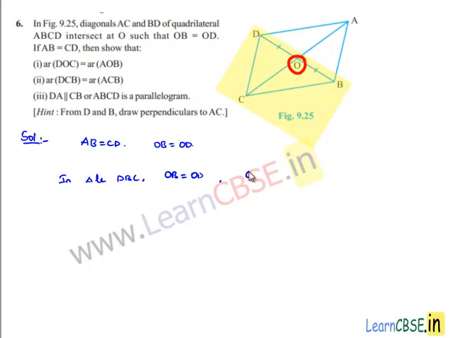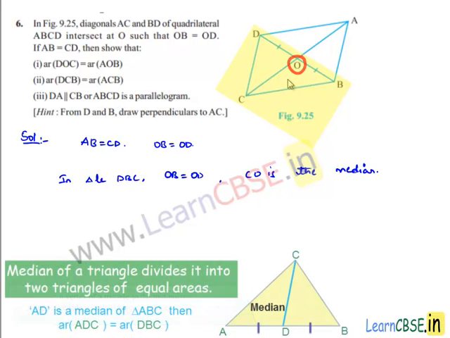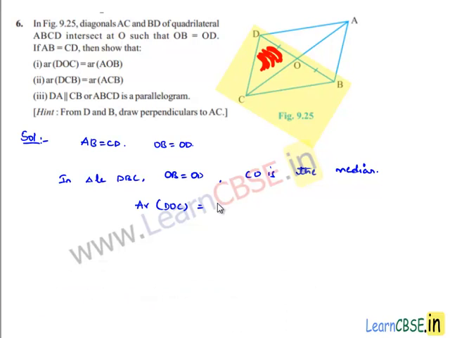Therefore, we can say that CO is the median. As CO is a median, it divides the area of triangle DCB into two equal halves, that is, area of triangle DOC is equal to area of triangle COB.